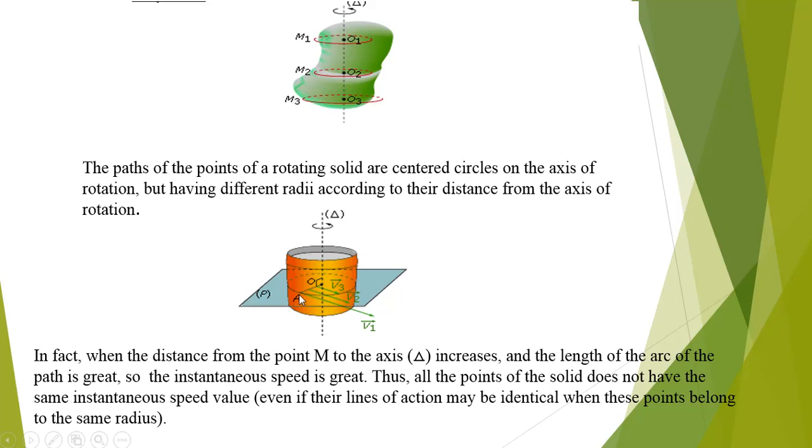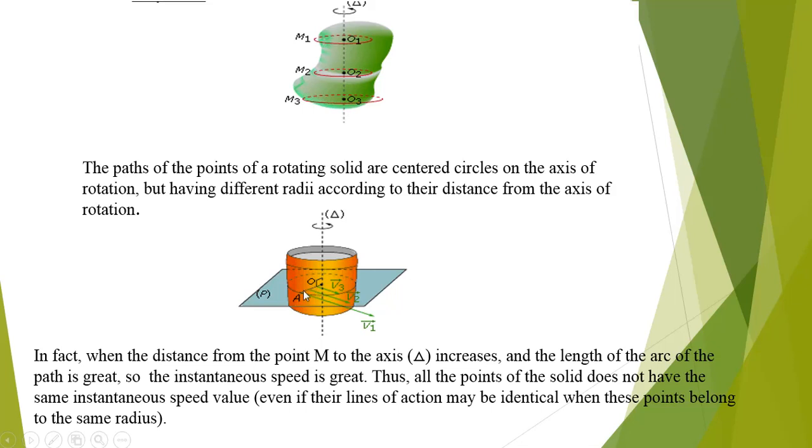For example, point A is the first point, M is in this place, and the point N, for example, in this place. V1 represents the velocity vector relative to A, and V2 represents the velocity vector relative to M, and V3 represents the velocity vector relative to N.